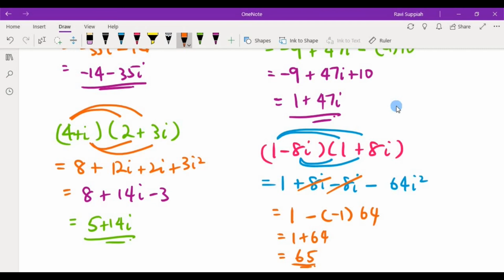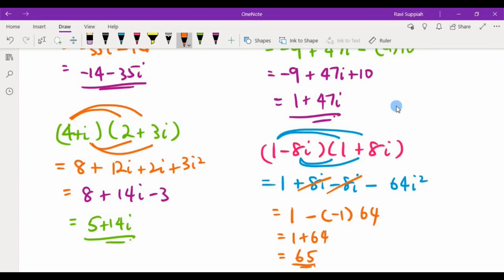So here you can see that when I have two complex numbers multiplied by each other, where one is the conjugate of the other, this is what we call a complex conjugate, where the complex numbers are the same except that the imaginary parts have opposite signs. One is 1 minus 8i, the other is 1 plus 8i. So they are exactly the same except that the signs are different.